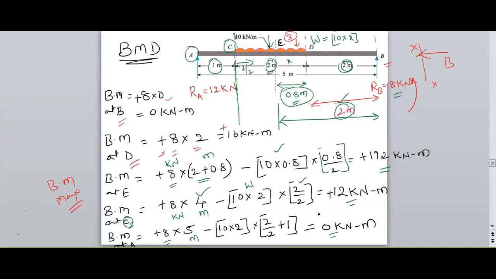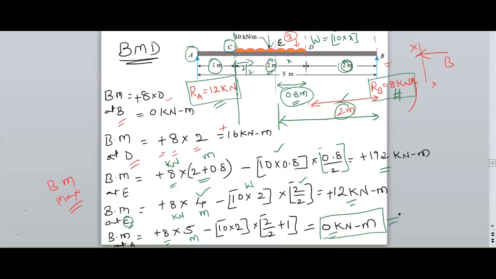It needs to be 0 because initially we considered the bending moment at A equal to 0, and we have derived the unknowns RA and RB. If I am not getting 0, then the problem is wrong, that is, the RA and RB values are not correct.